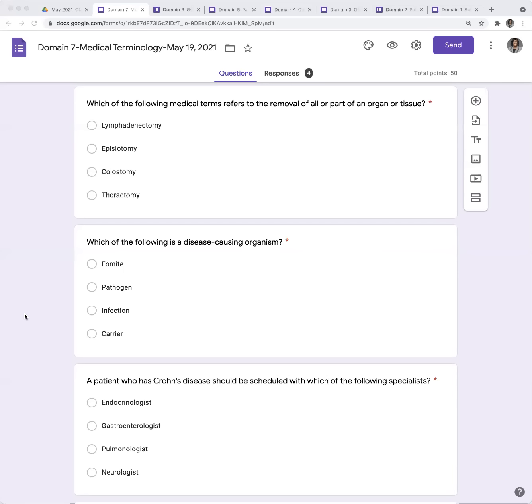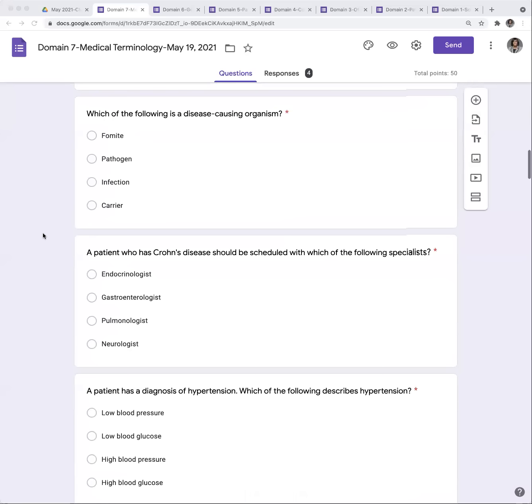Which of those suffixes mean removal? It's lymphadenectomy. So the key here is, as someone said, break the words down. If it's removal, the last three are all incision.